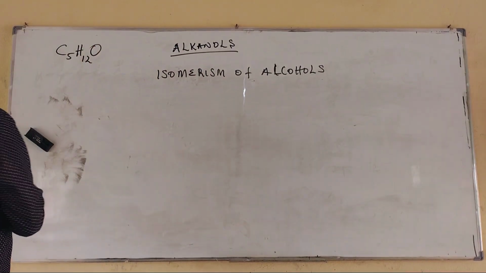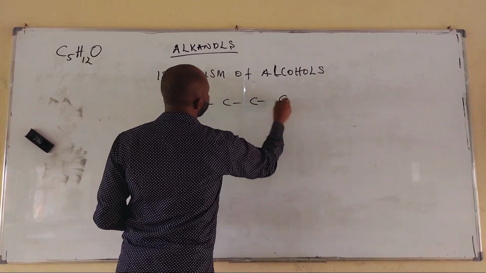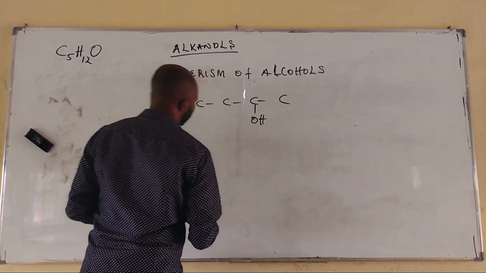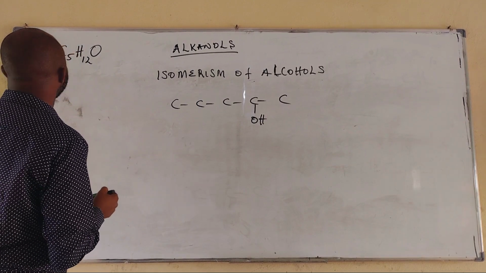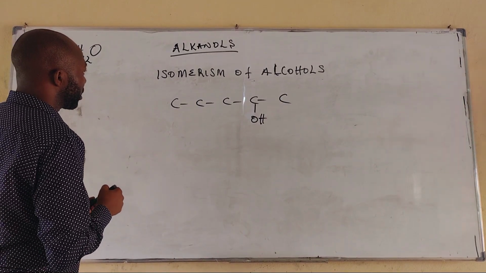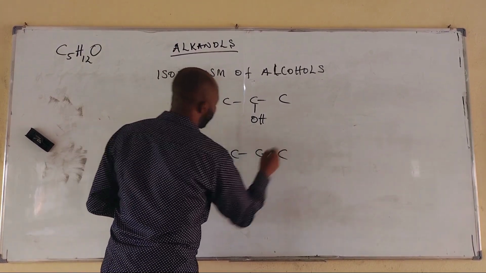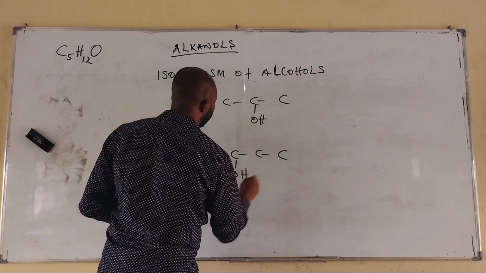So let's start. The first one, 1, 2, 3, 4, 5. If I have my OH here, it's second. Okay, that's 1. 1, 2, 3, 4, 5. If I have another 1, 2, 3, 4, 5, and my OH here, it's also second.